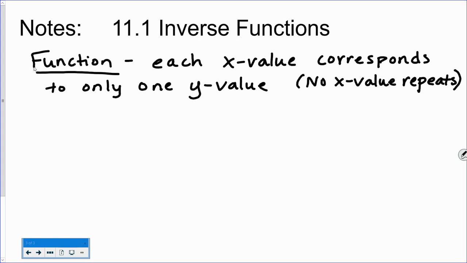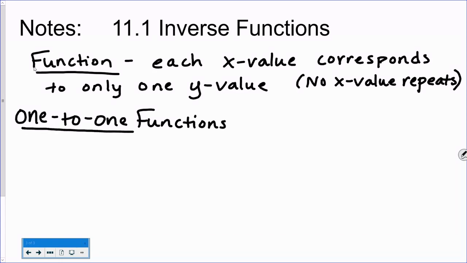All right, so we talk a lot about functions in Algebra 1 and Algebra 2, and then we take it to another step where we talk about one-to-one functions. I believe you've talked about this in pre-calculus and college algebra if you've taken those courses, and then you definitely talk about it if or when you get to calculus.